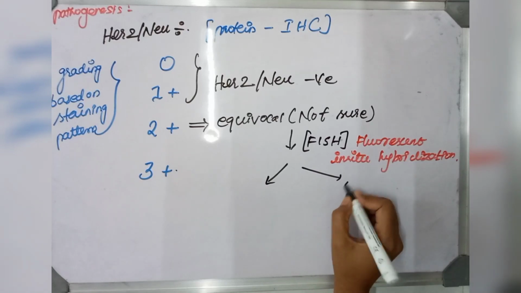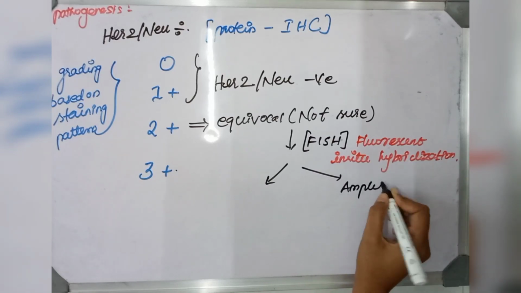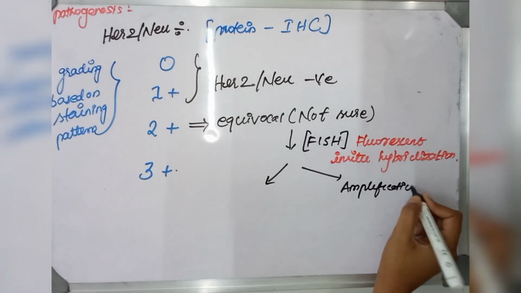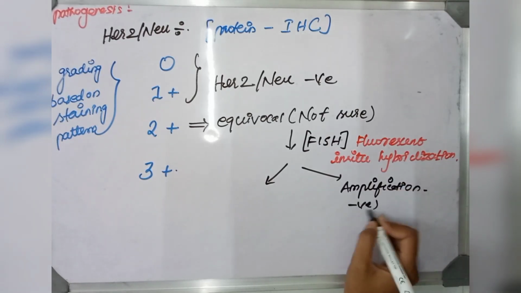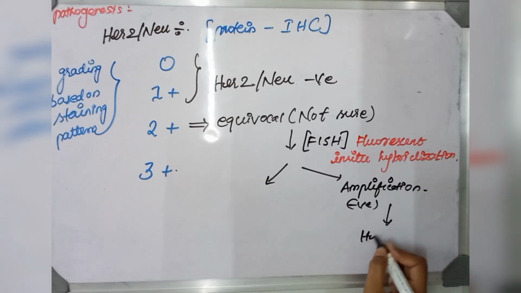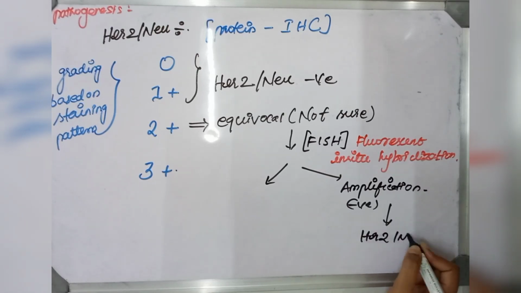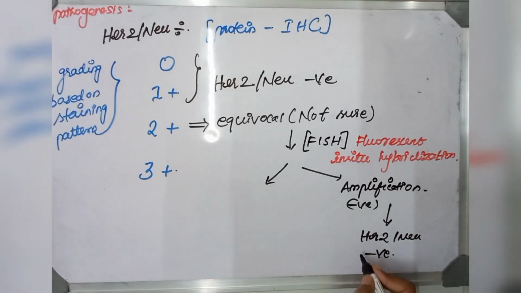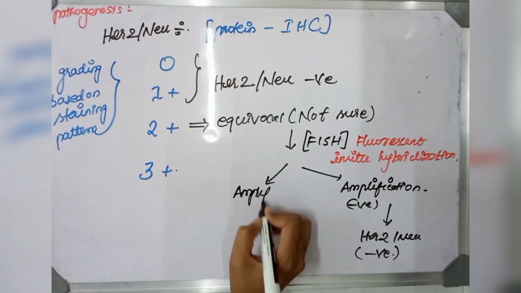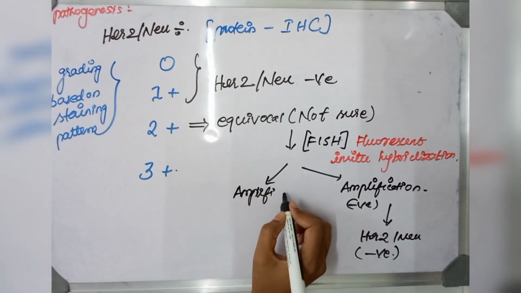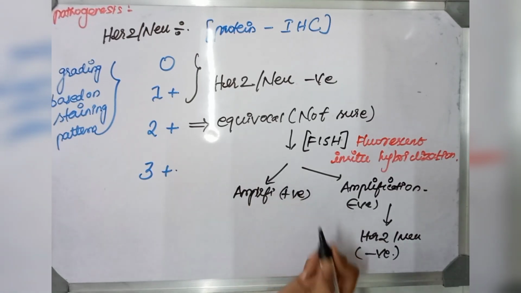After amplification, if it shows negative, it means HER2/neu negative. We have nothing to do with that. Suppose the amplification shows positive, then what's the next step?